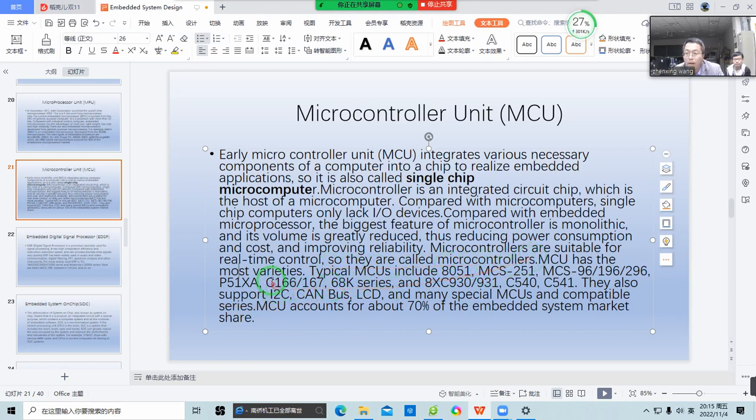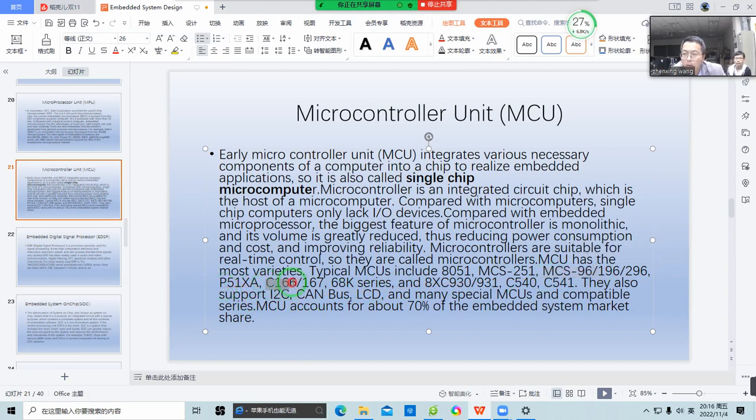MCU has the most varieties. For example, the typical MCU, the most important in the past, is the 8051. Nowadays, it's outdated. The MCS 96 series is a 16-bit microcontroller.